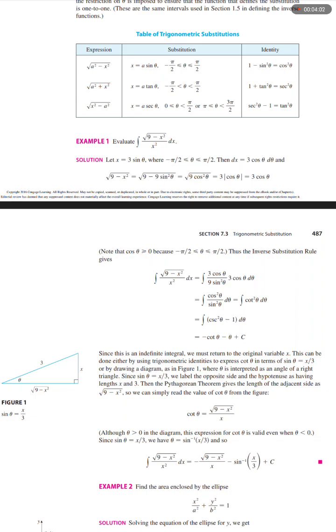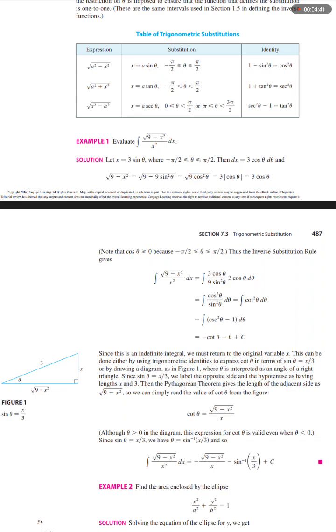Since sine theta equals x over 3, we have theta equals the inverse sine of x over 3, and so the integral of the square root of 9 minus x squared over x squared dx equals negative the square root of 9 minus x squared over x, minus the inverse sine of x over 3, plus C.